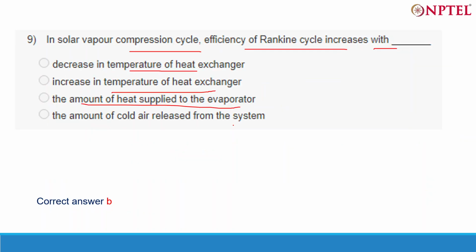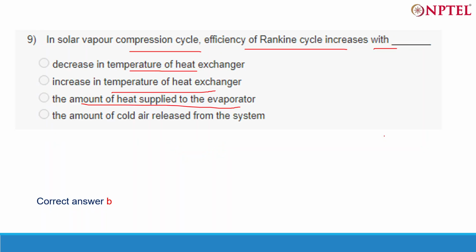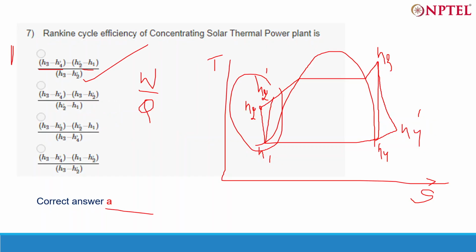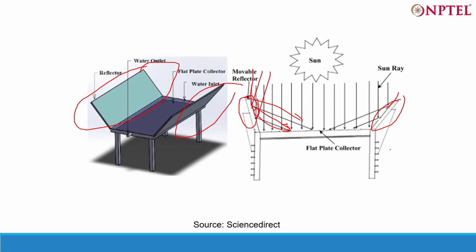Let's say this temperature is actually decreased. So this is decrease in the temperature of heat exchanger, and this is increase in the temperature of heat exchanger.